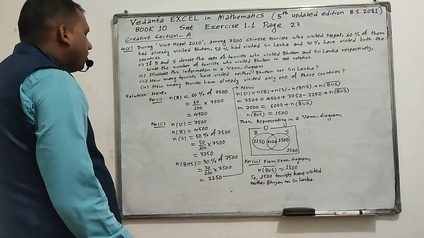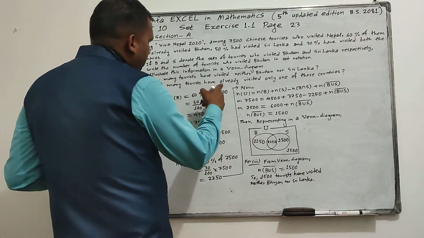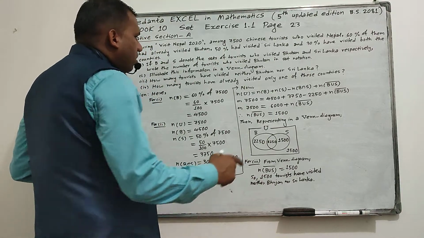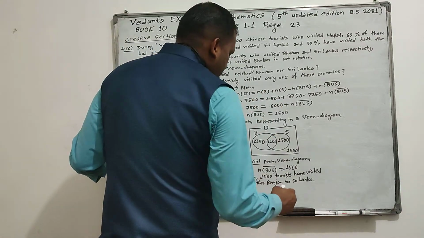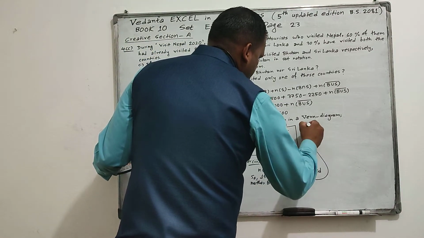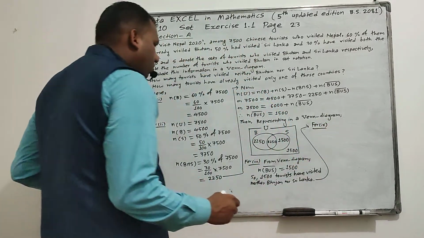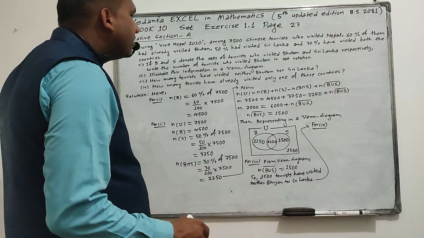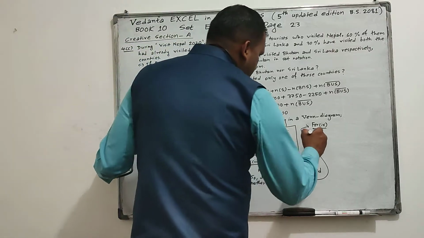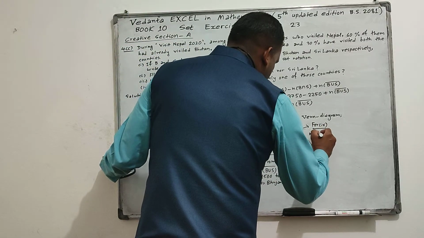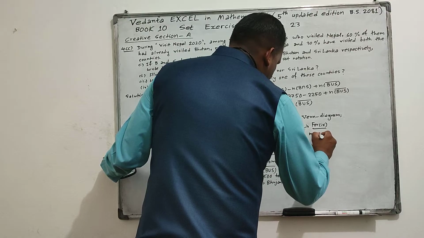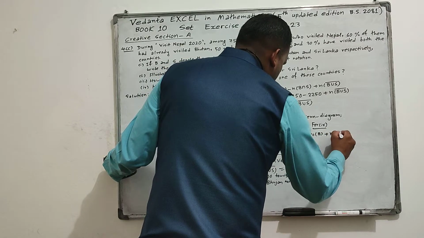Then for 4, how many tourists have already visited only one of these countries? For 4, only one of these countries, that is n(B only) plus n(S only).